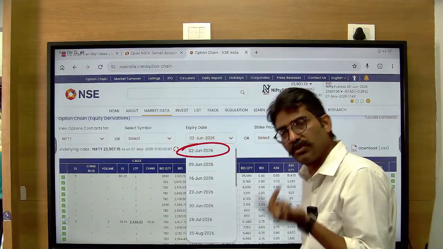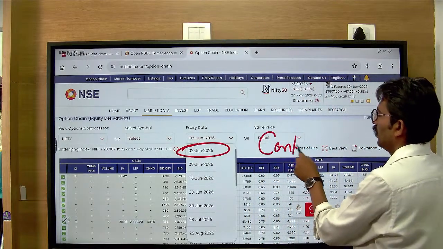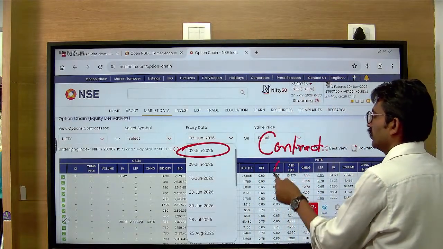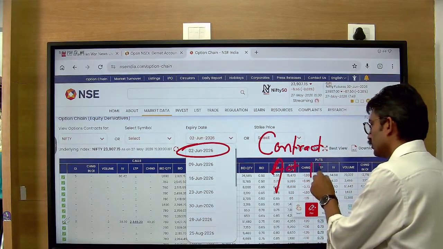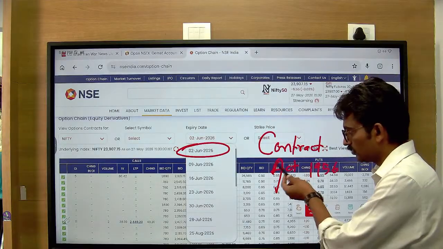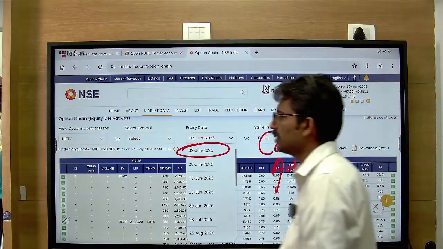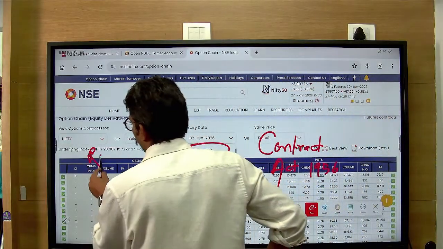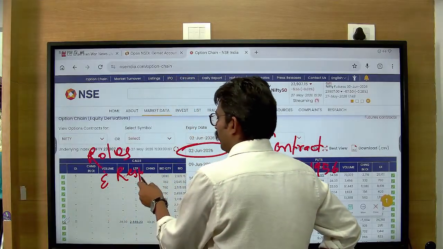When you buy, it becomes a contract. Okay? When you buy or sell, you are governed by the law, and hence this is a contract. Because there are roles and responsibilities that every party has to do.